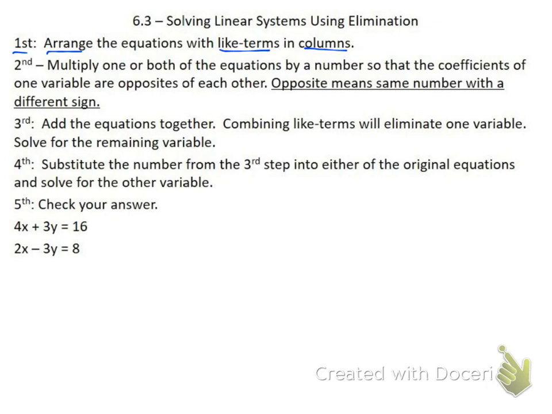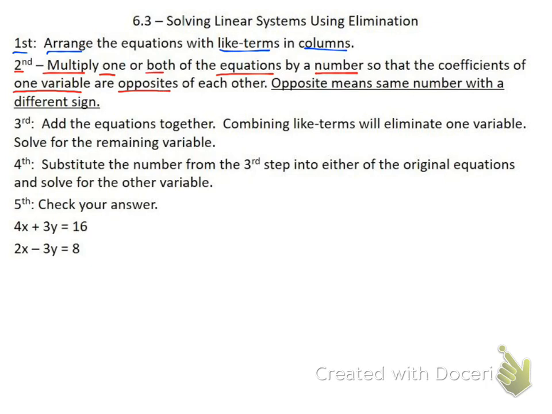Second, and this is the main part of elimination, we want to multiply one or both of our equations by some number. This is the part that's a little tricky. We want to multiply by some number so that one of my variables has opposites.